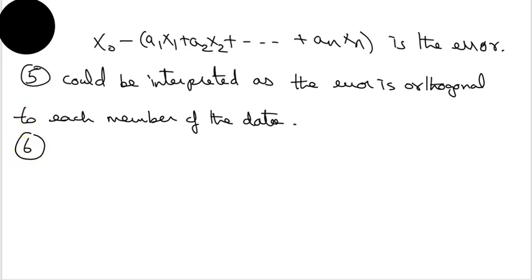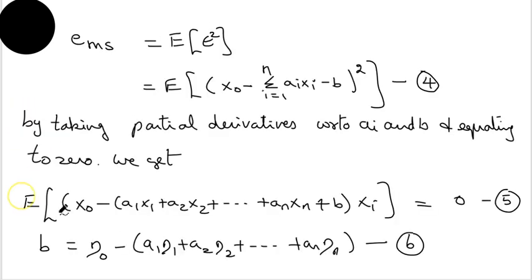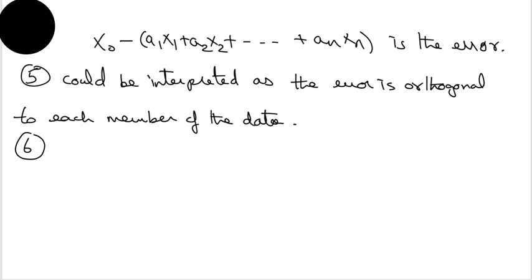What is our sixth equation? The equation regarding our b. So the sixth equation gives the optimal solution for b.